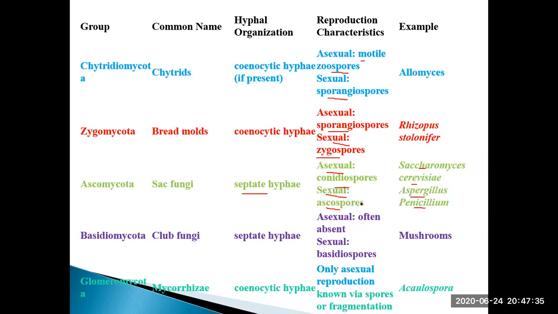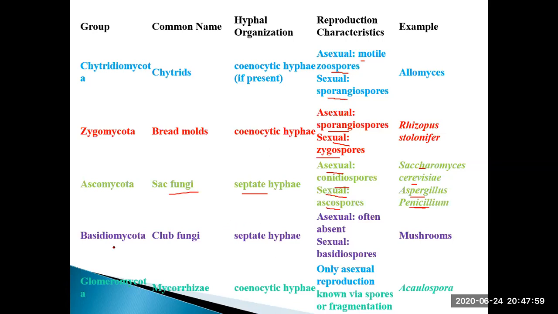And if you remember, in our last class we also learned that Ascomycota, or sac fungi, are very commercially important, because this is yeast, and it is mostly used in the food industries. It also has medicinal importance. Why? Because from Penicillium, medicine is also prepared.